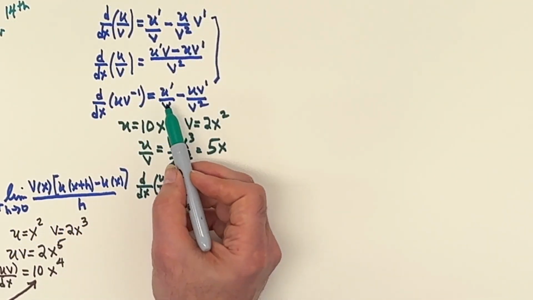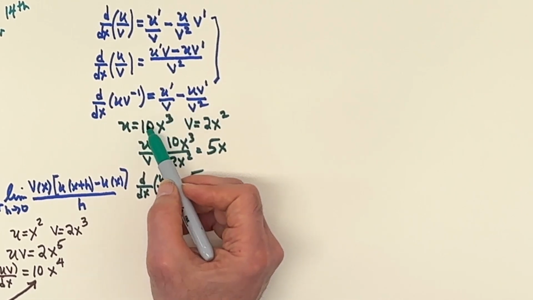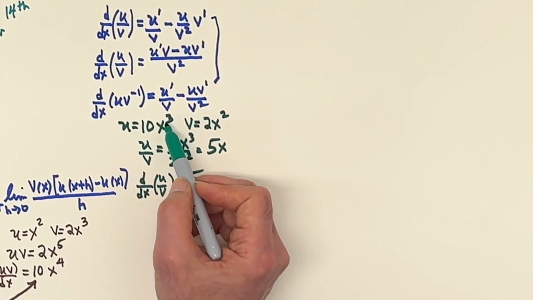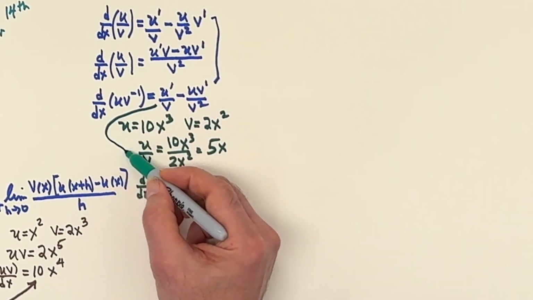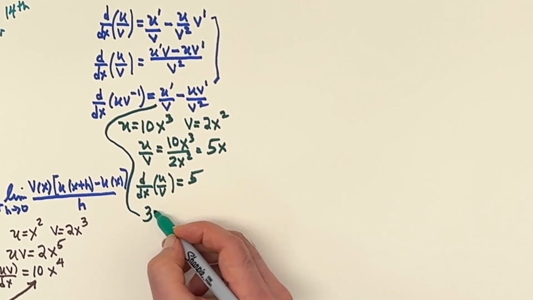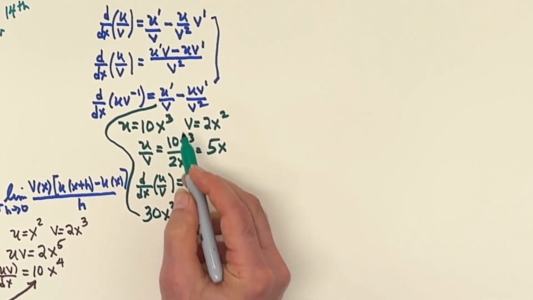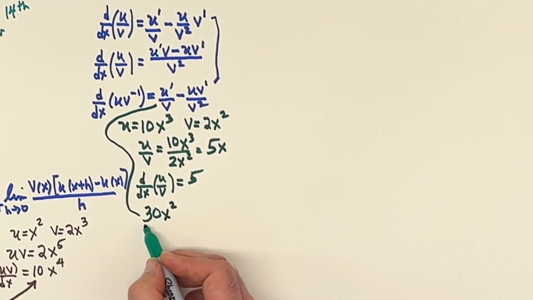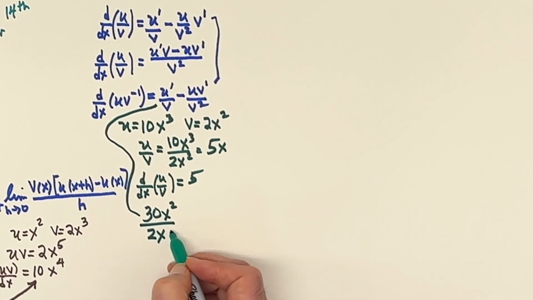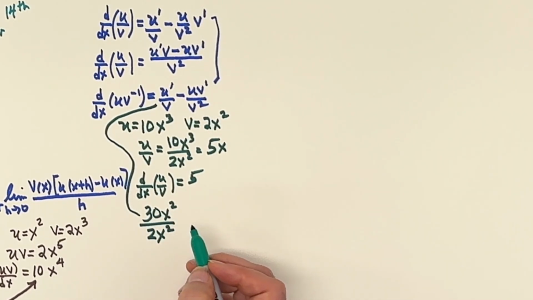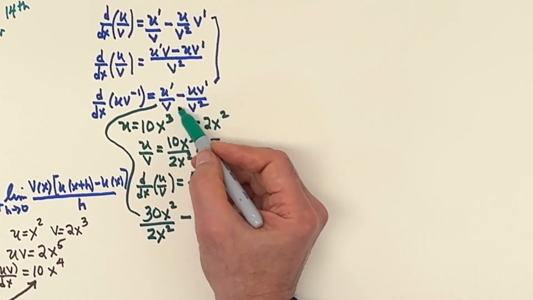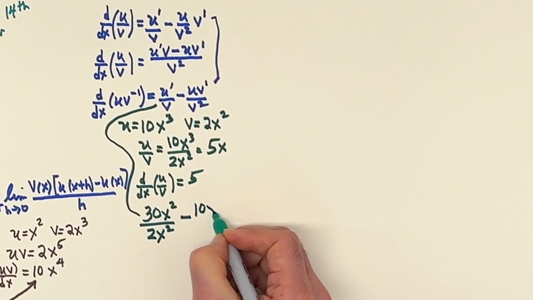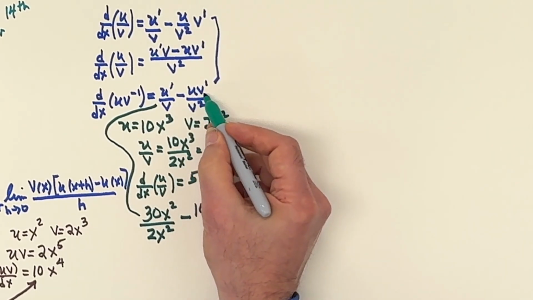So the formula says we need to take u prime. Well, u prime is 30x squared. And v is 2x squared. So I divide it by 2x squared like this. And then I need to subtract u, which is 10x cubed, multiplied v prime.